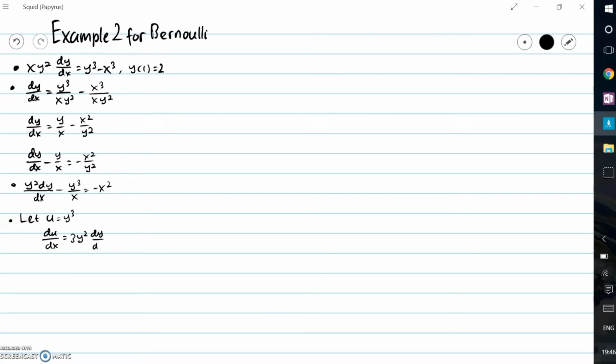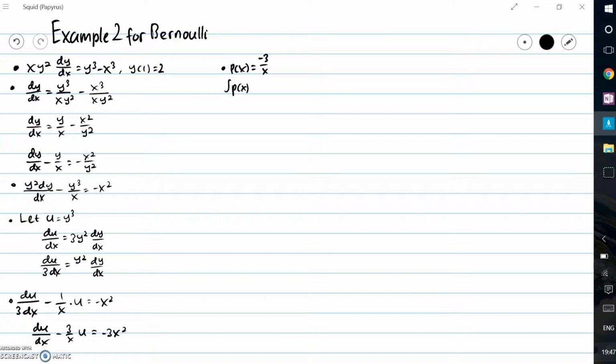We just have to substitute it into the equation, making everything in terms of u and x. Now it's a linear equation. To isolate du over dx, we multiply by 3 on both sides. Given that we have the standard form now, we can determine p(x), which equals -3 over x.